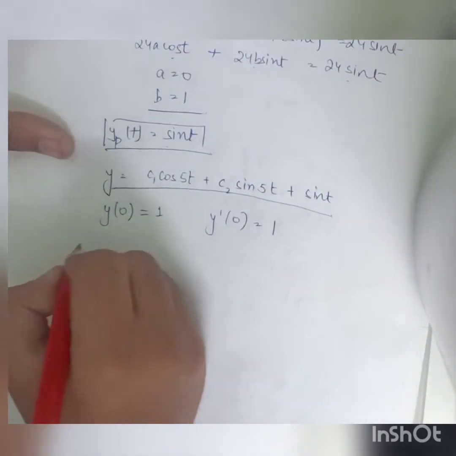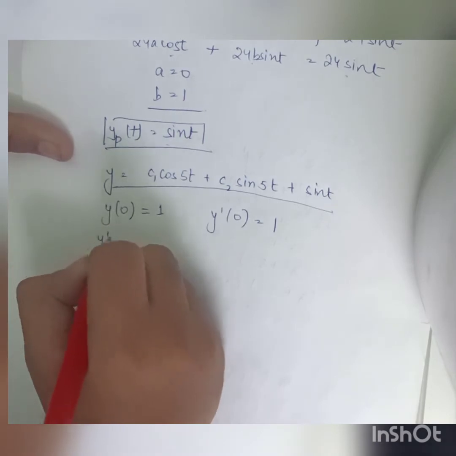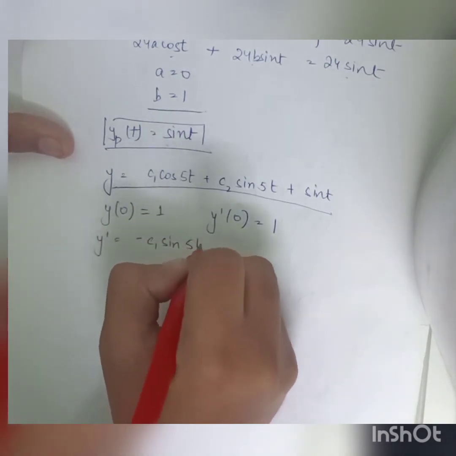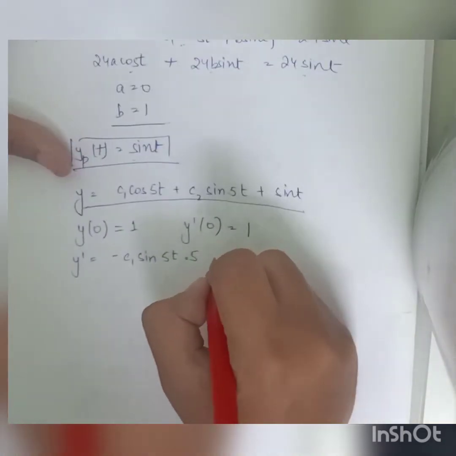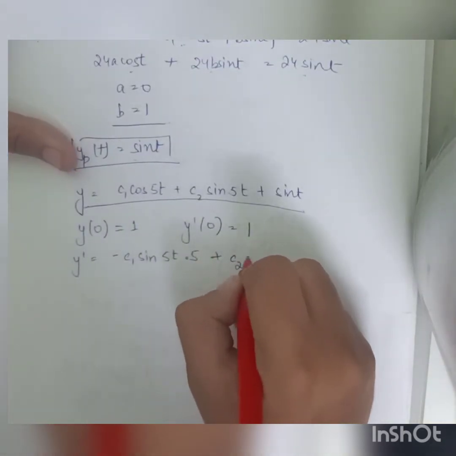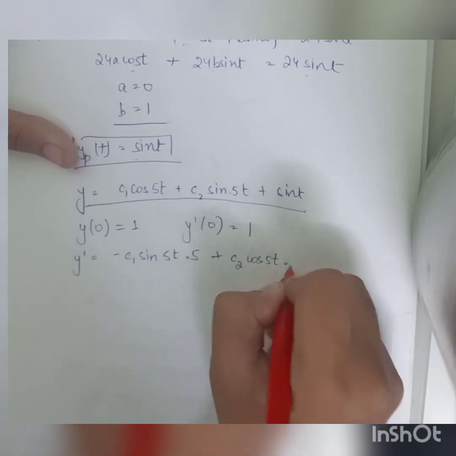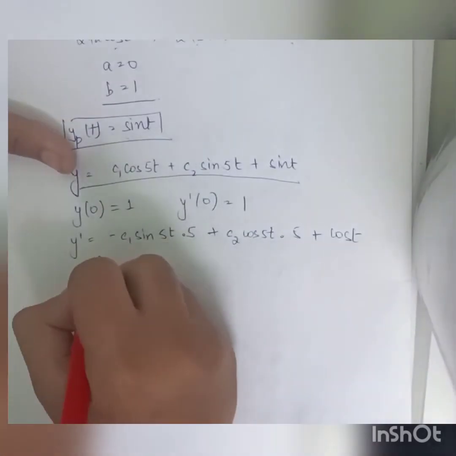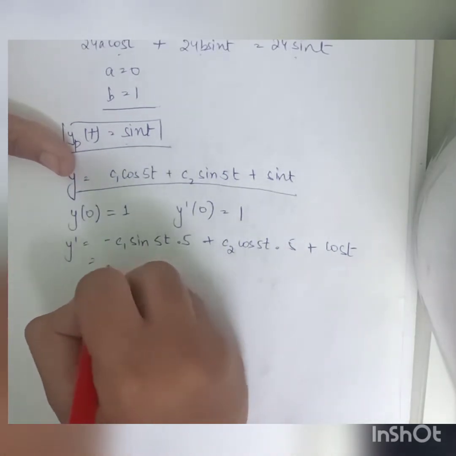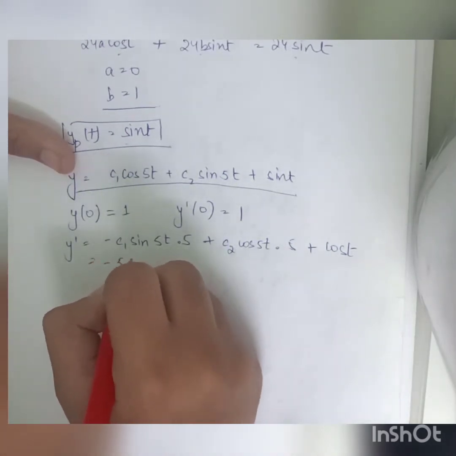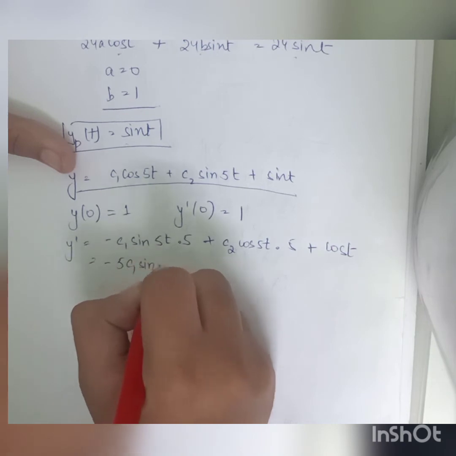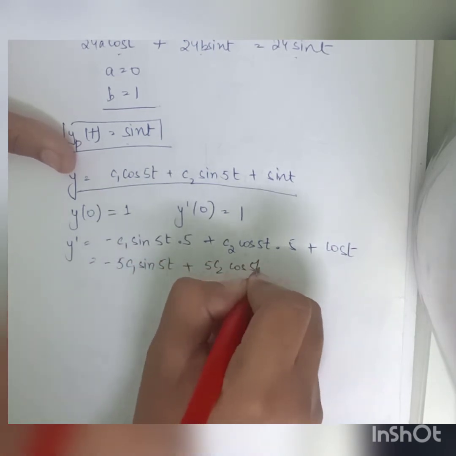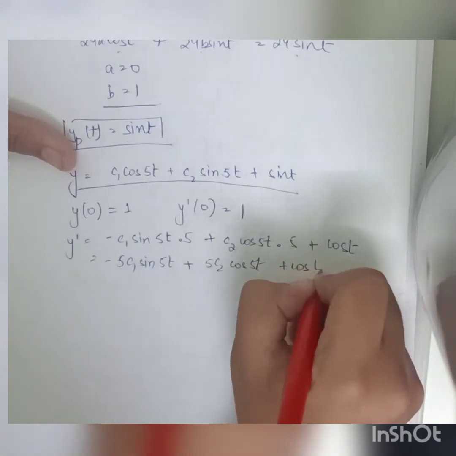So y dash is equal to minus c1 sin 5t into 5 plus c2 cos 5t into 5 plus cos t, which is minus 5 c1 sin 5t plus 5 c2 cos 5t plus cos t.